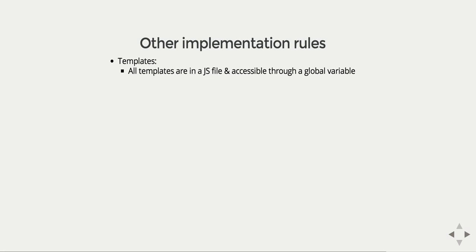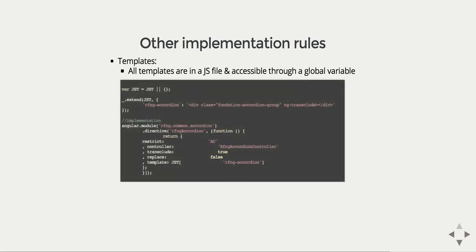But we decided to go this direction, which is something borrowed from the days that I did some Backbone development, which is we created a JS template variable, and we put the template files in a JS file, and essentially we're able to use these individual templates.